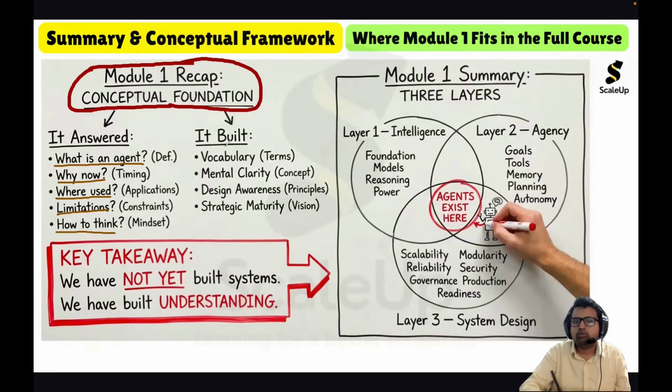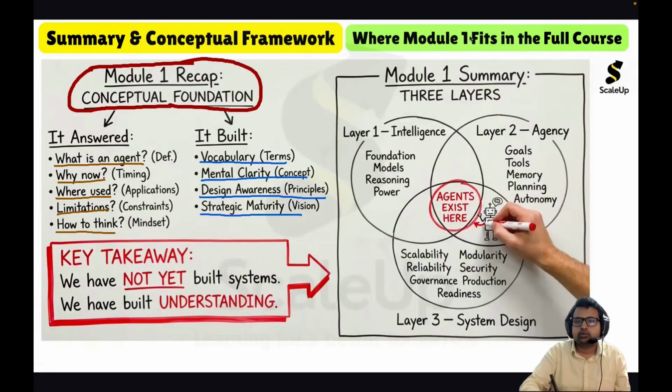This module built vocabulary. You came across many interesting terms, and got conceptual clarity and design awareness principles, like modular architecture, the scalability aspect, the resilience, future proofing, and strategic maturity.